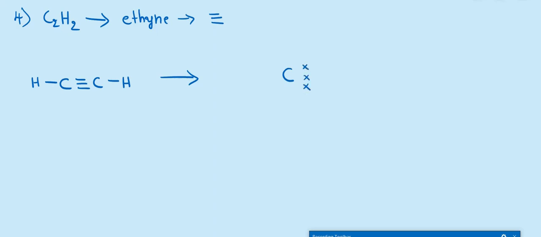Then we have to write the dot structure here. So 3 electrons to make a dot structure you write like this, because 3 pairs of electrons are shared between the same carbons only. And then one more you write here, one more you write here. Then 2 hydrogens bonded with these carbons. Then you put a circle like this.